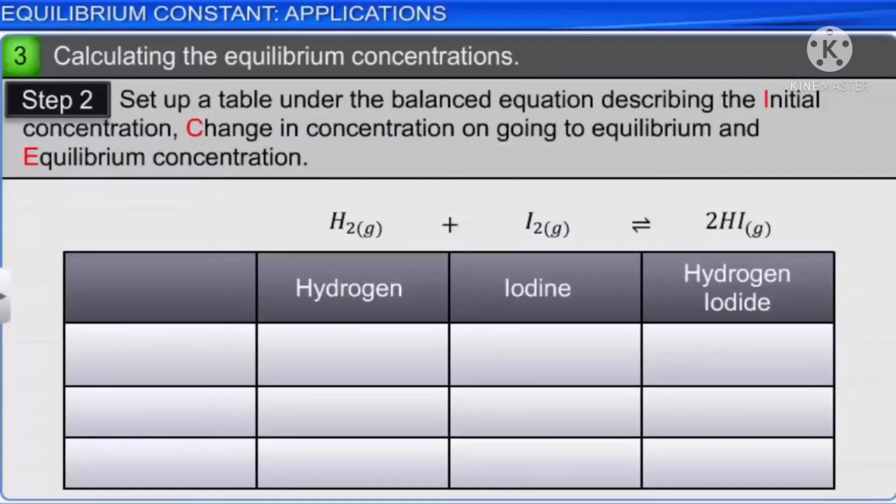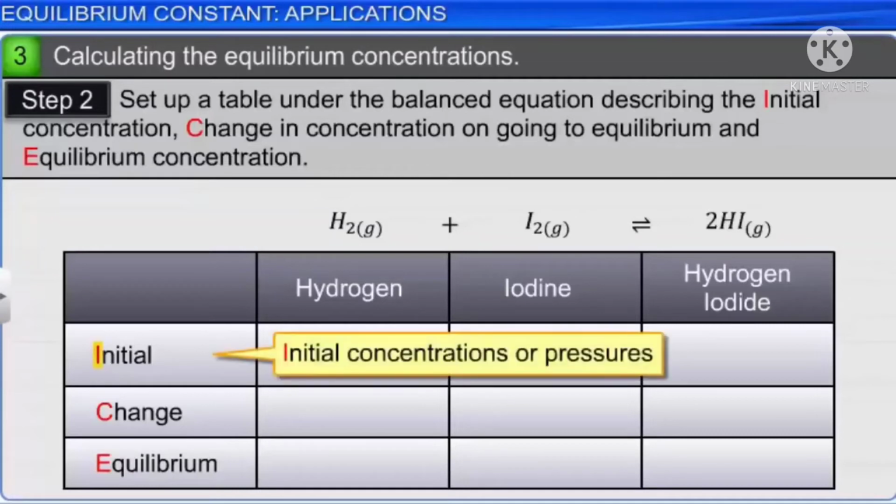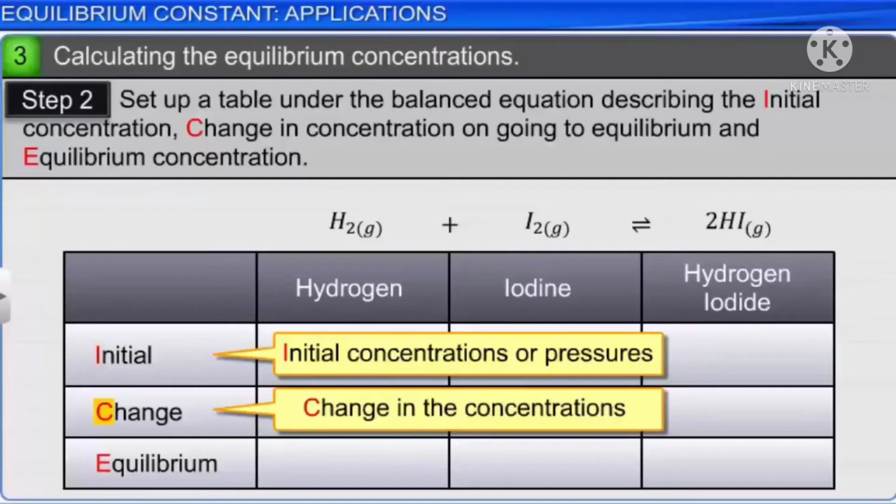The second step can be easily remembered in the form of an ICE chart, where I stands for the initial concentrations or pressures for each species in the reaction mixture. C represents the change in the concentrations or pressures for each species as the system moves towards equilibrium.